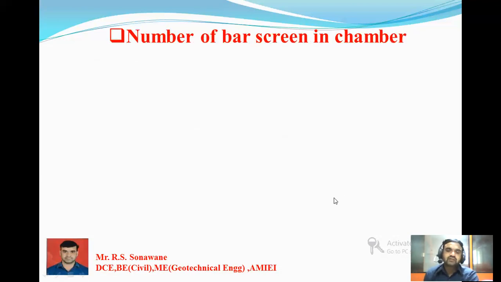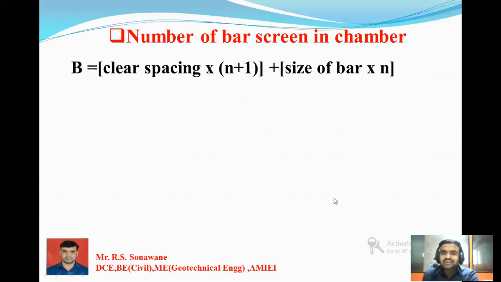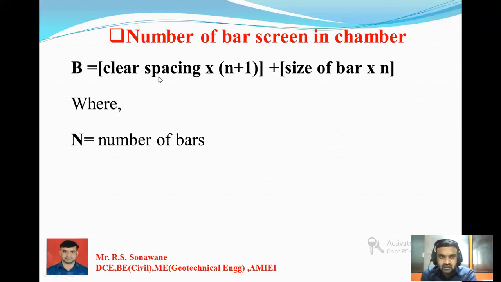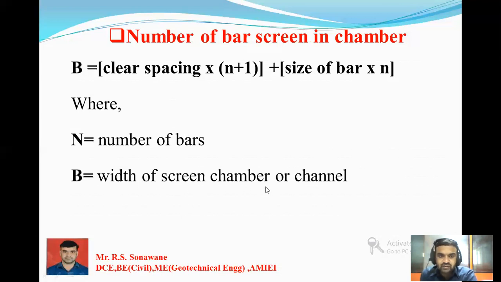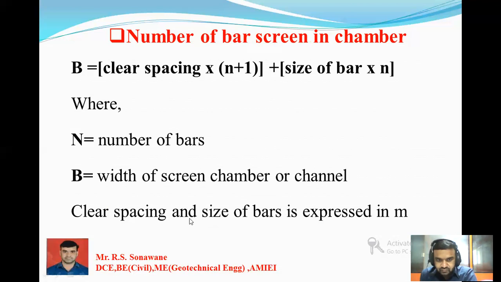Now the next term, very important from a design point of view, is the number of bars in the chamber. How many bars are in the chamber? B is equal to clear spacing times (n plus 1) plus size of bar times n. Here that is not a capital N, this is a small n, the number of bars.